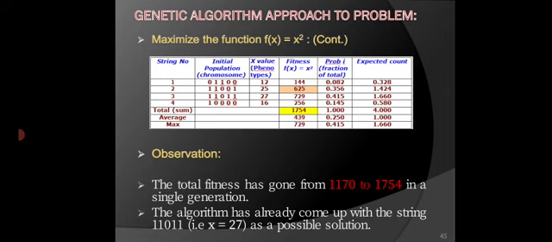Let's see, the total fitness has gone from 1170 to 1754. The algorithm has already come up with this string 11011, x equal to 27, as a possible solution. So this is how one simple problem can be solved with a genetic algorithm. Thank you.